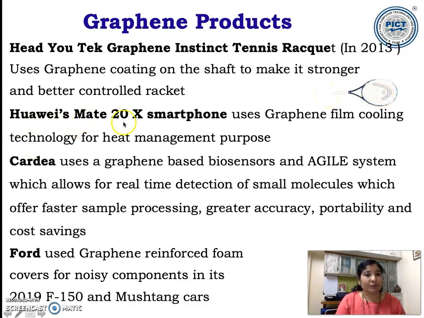Then the Huawei Mate 20X smartphone uses graphene film technology for heat management. Then Cardia used biosensors. Then Ford, a car company, used graphene reinforced foam covers for noisy components in its cars.